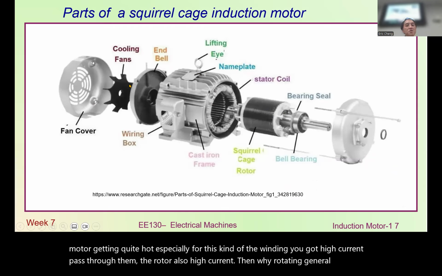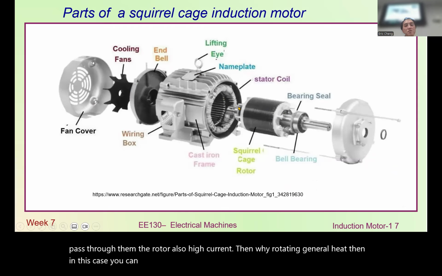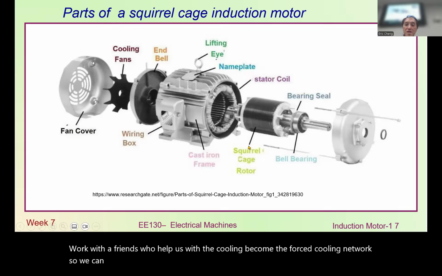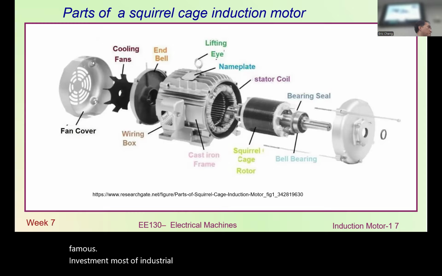Then in this case, once rotating, we can use the rotating method to work with the fans to help us with the cooling, becoming forced cooling. So you can see that this motor, we call it squirrel cage. So squirrel cage is one of the most famous industrial motors. Most of the industrial drives tend to use this one. So why we do that, in the next few pages, we will see why it looks like a squirrel cage.